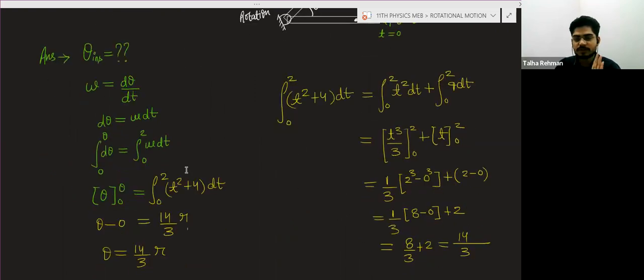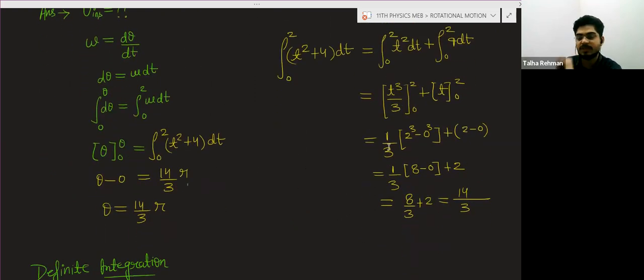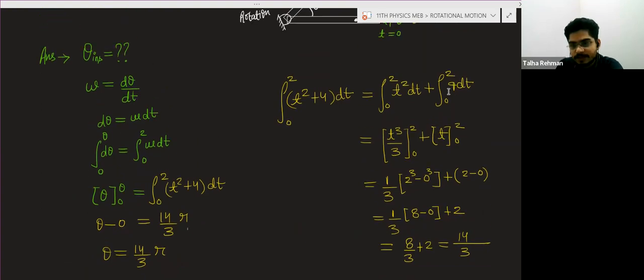Oh, okay, just a minute. Actually, we have made one mistake here. Here is 4 also, na? We have to put this 4 also. This 4 we have taken out of the integration, so we will multiply 4 also. So basically it will become 4 into 2, it will become 8.